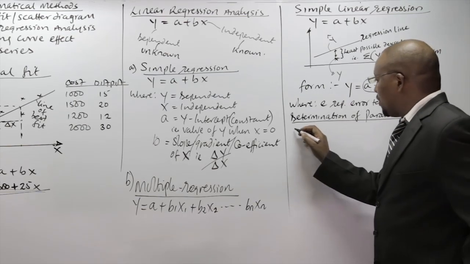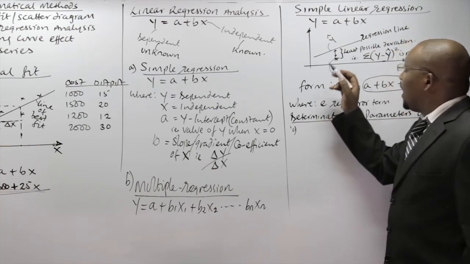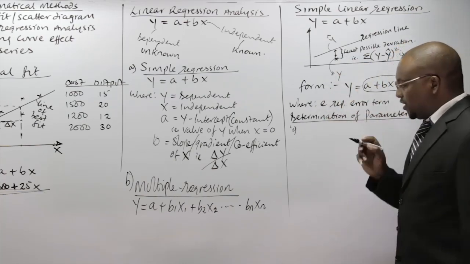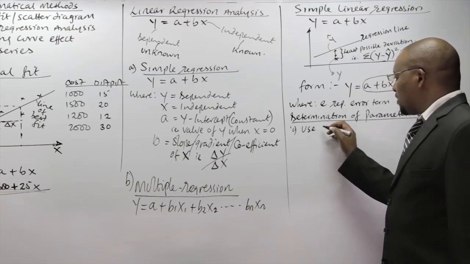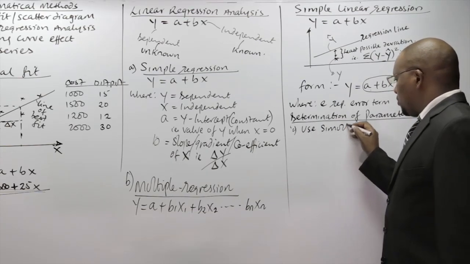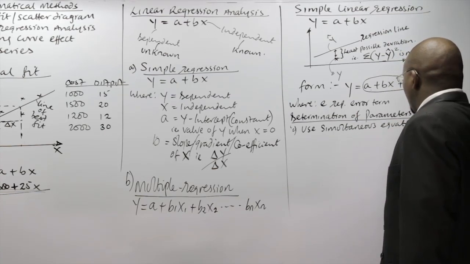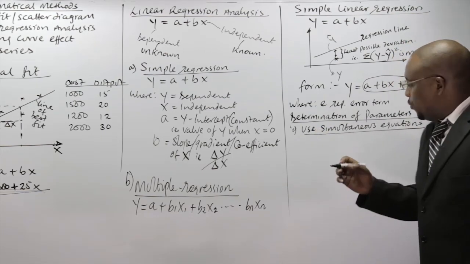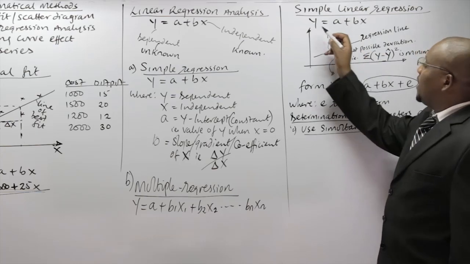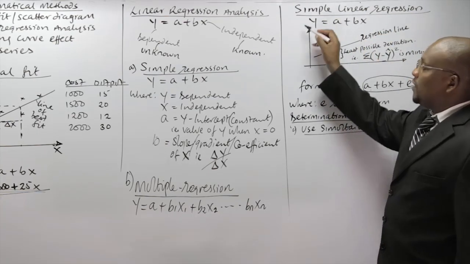We can have Roman 1. We have this being our regression equation. We can use what we call simultaneous equations, where for the first equation we sum up our regression line.